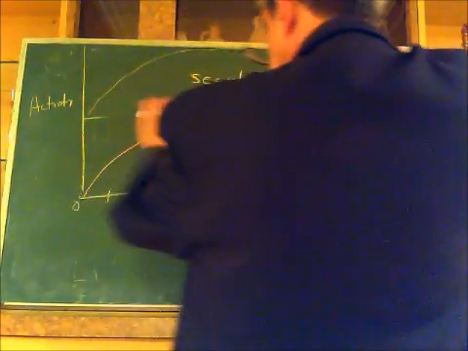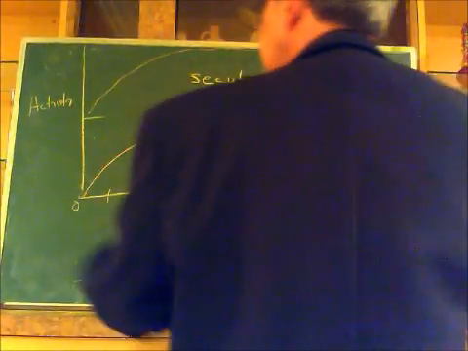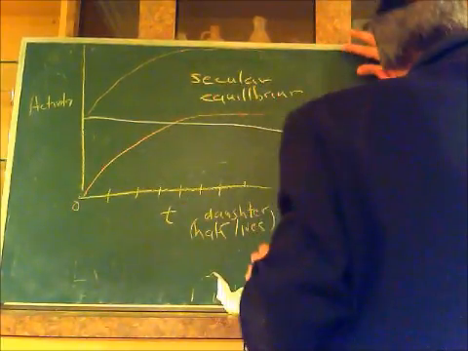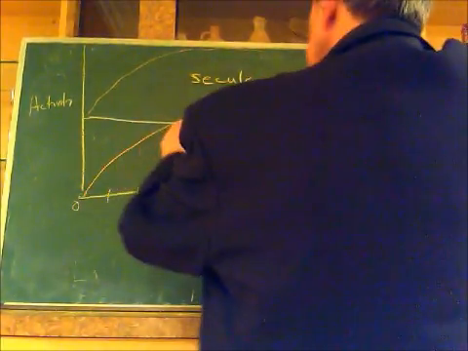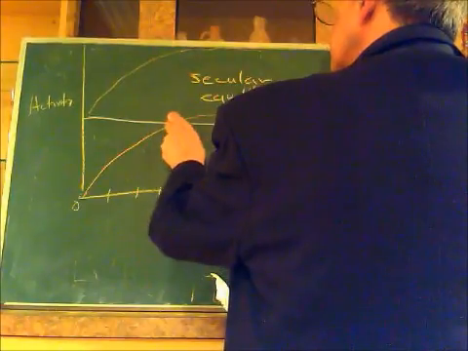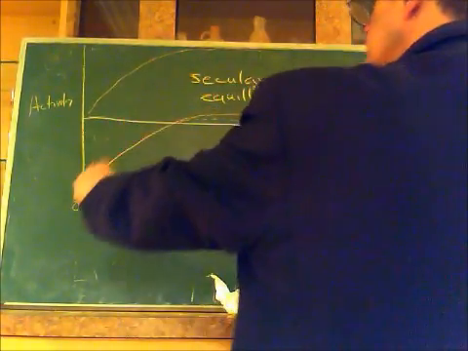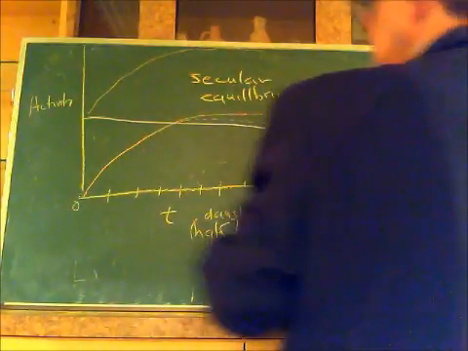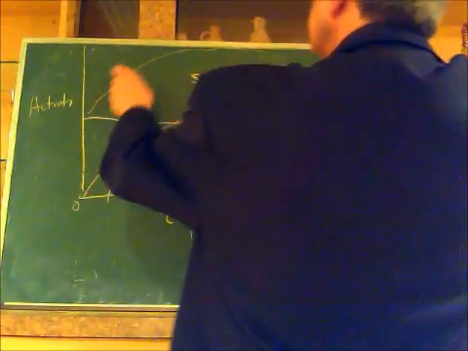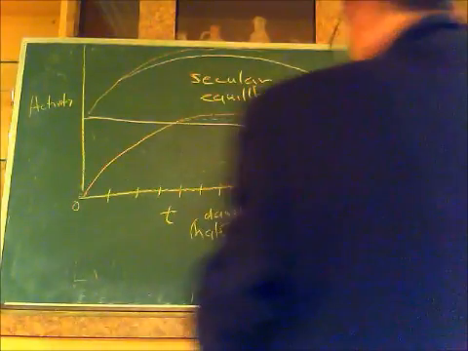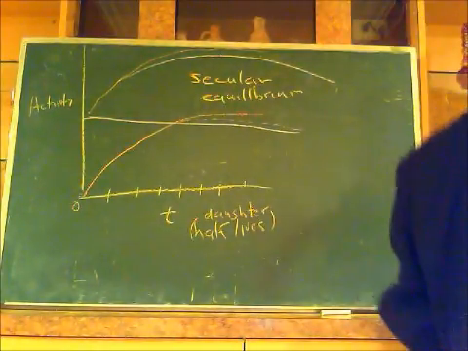It's going down slowly. And this one is coming up, but then it starts to go down as well, and still follows this along. Then up here, it's going to come and then start to fall off as well. So when we see that, we have what is known as transient equilibrium.